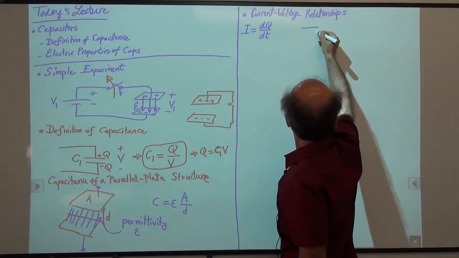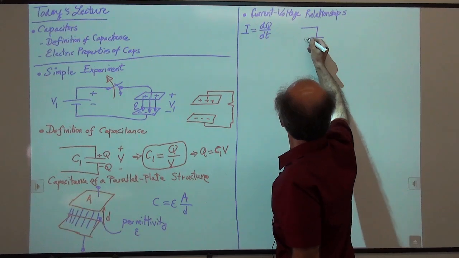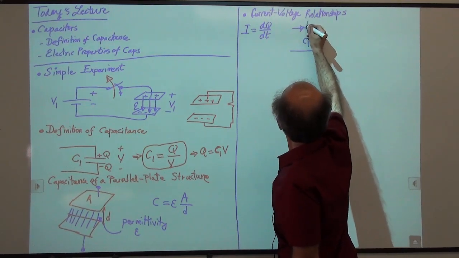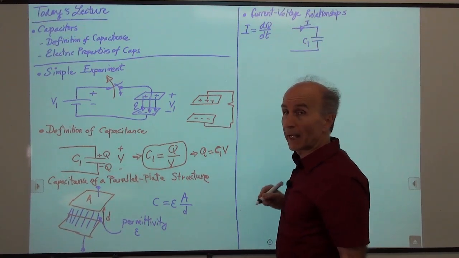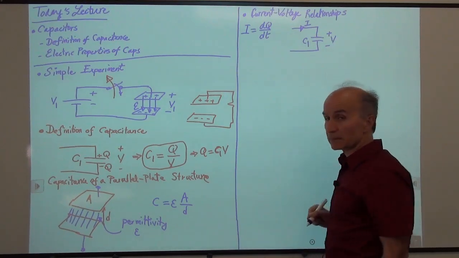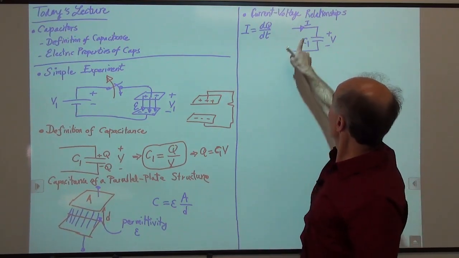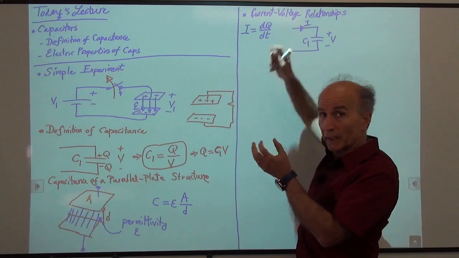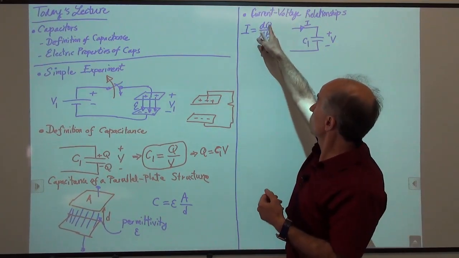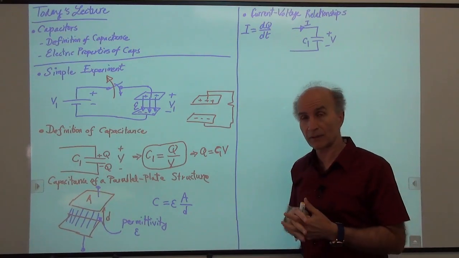So if I have a capacitor, C1, and I'm sitting here and I'm measuring some amount of current, and then I have a voltage like so. The current that I'm measuring here, if I go sit in this wire and measure the current that's passing through, that current is actually the derivative of charge with respect to time, right? That was our definition of current.